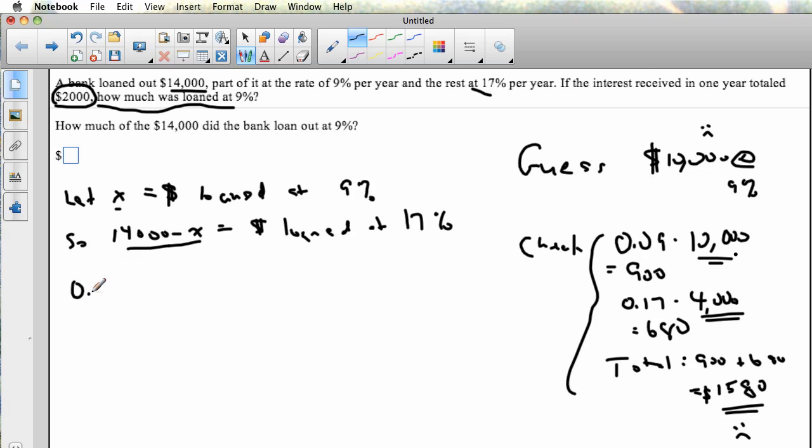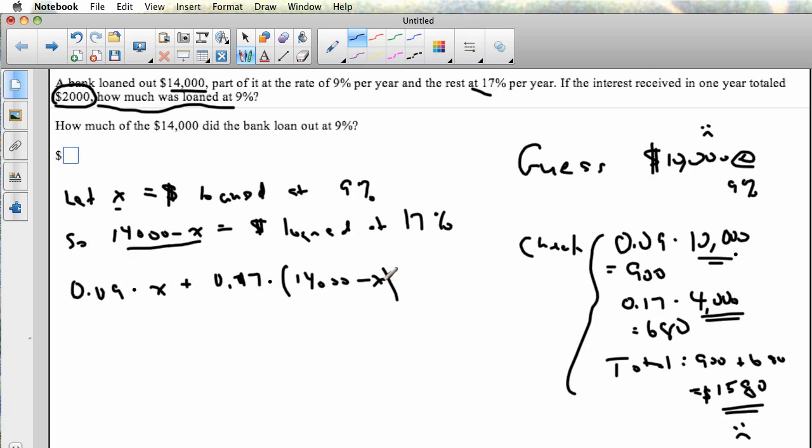The total interest that's received is 9% of x. So instead of 9% of 10,000, I have 9% of the amount loaned at 9%, plus 17% of the other amount, 14,000 minus x.